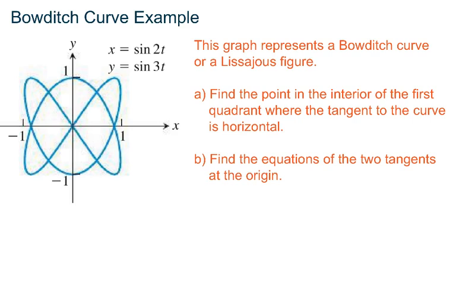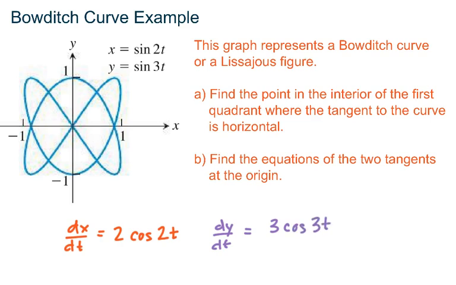And to start by doing that, I'm going to take the derivative of x with respect to t, dx/dt, and that gives me 2 cosine of 2t. I'll also take the derivative of y with respect to t, which is 3 cosine of 3t.